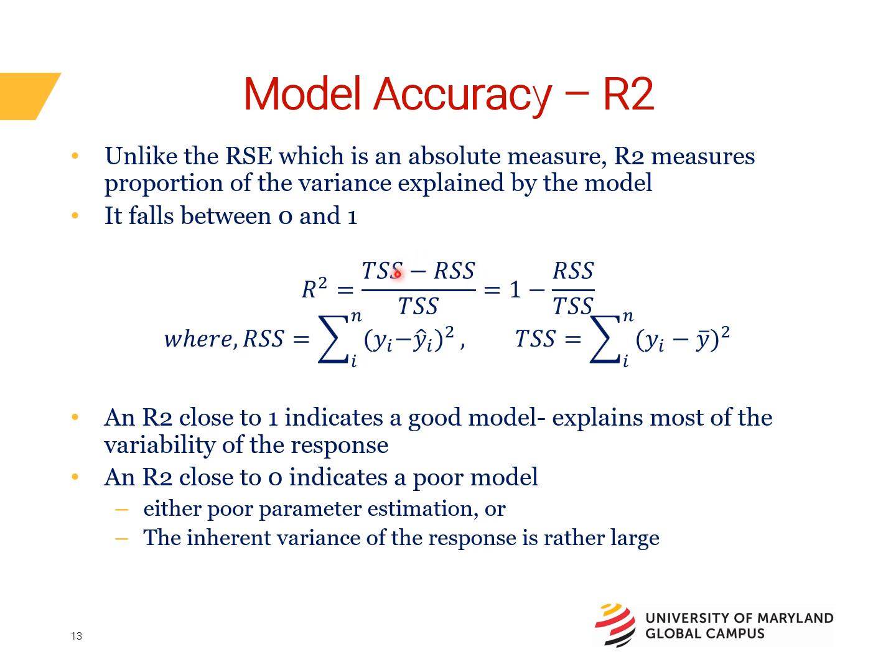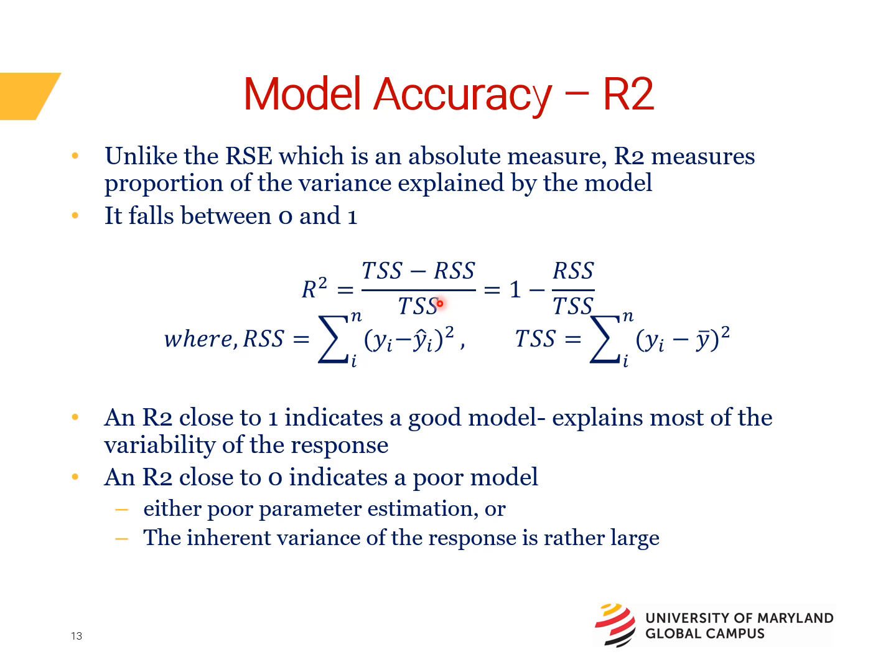Okay, so if the two quantities are close to each other, that means the fitted model is not doing any better than the null model, the simple average. And when that happens, the R squared gets close to 0. And if the RSS is much smaller, and the difference between the two is large, this normalized quantity gets close to 1.